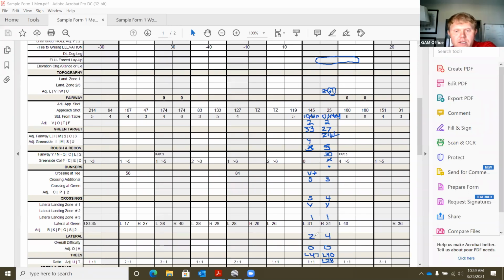Sure, that's a good question. So when we get these lateral numbers, we're getting those from the middle of the fairway to the edge of the lateral. Typically, you'll stand on the edge of the fairway and shoot to the left to the water, and let's say you get 30 yards.